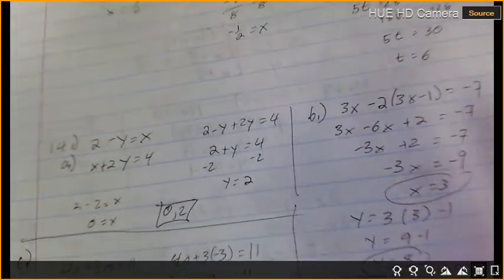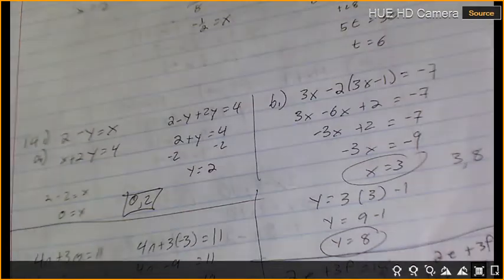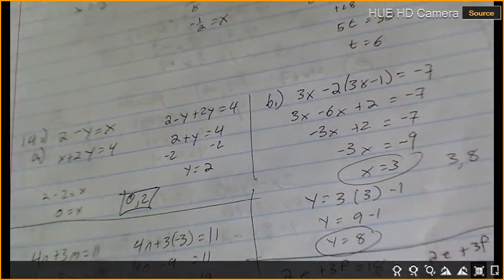For B, I need this paper in front of me. For B, I ended up getting x equals 3 and y equals 8.